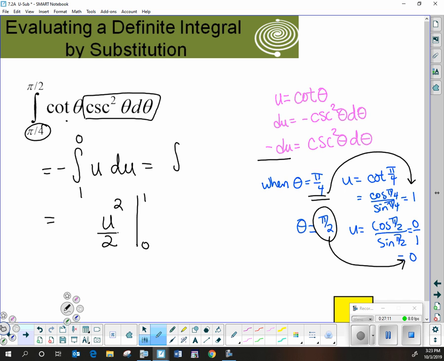If you'd rather see that done, you might want to write that. All right, 1 goes in, I get 1 squared is 1 over 2. 0 goes in, I get 0 halves. So final answer, 1/2.